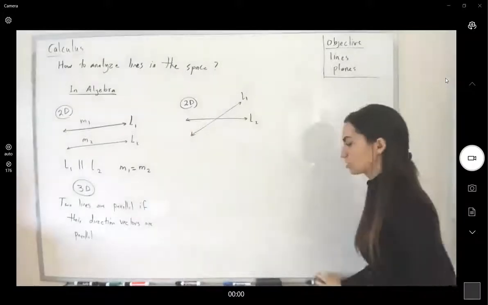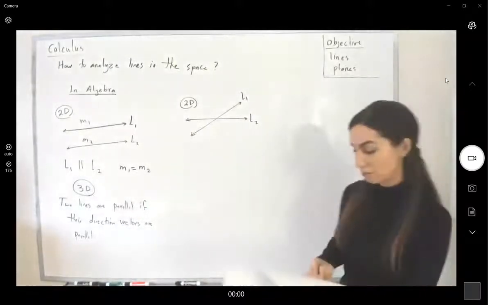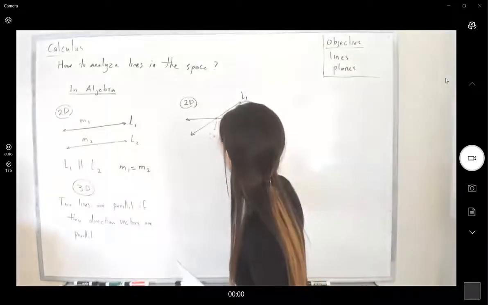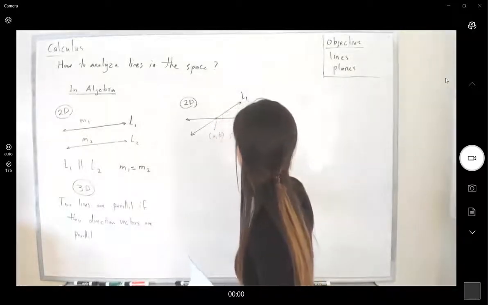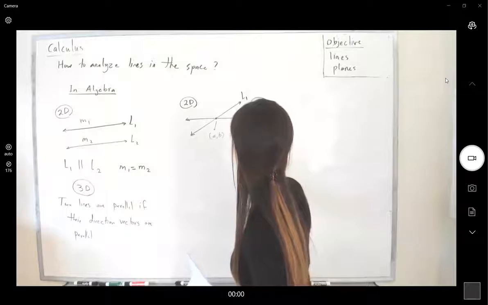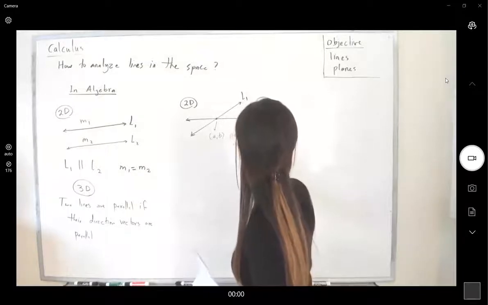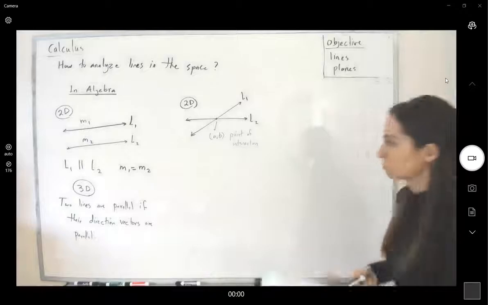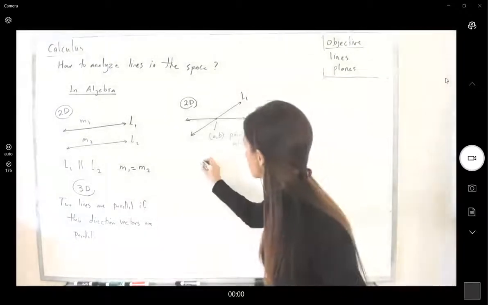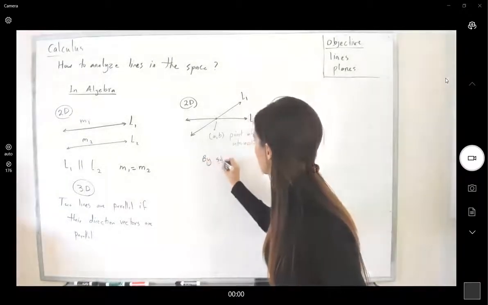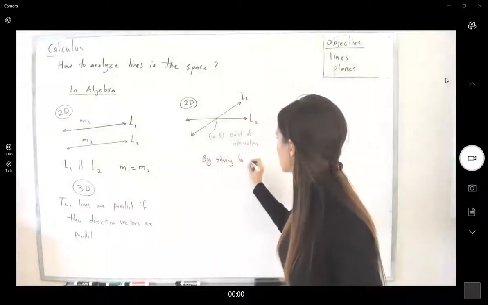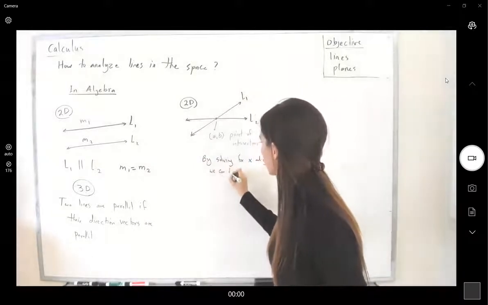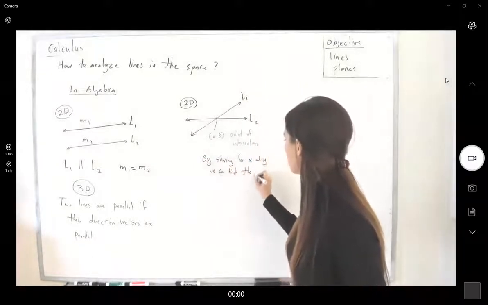By solving the equations of the lines for x and y, we can find the point of intersection.